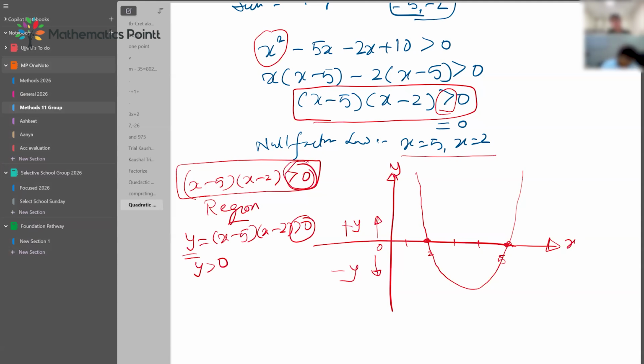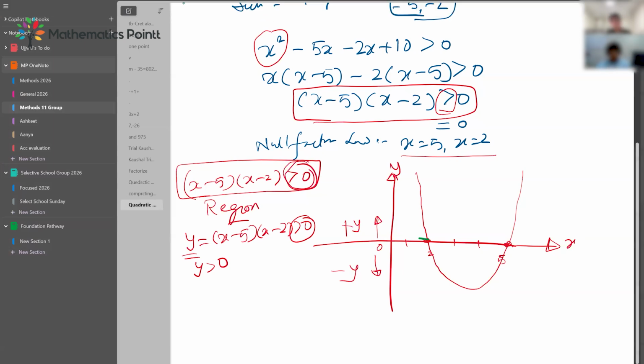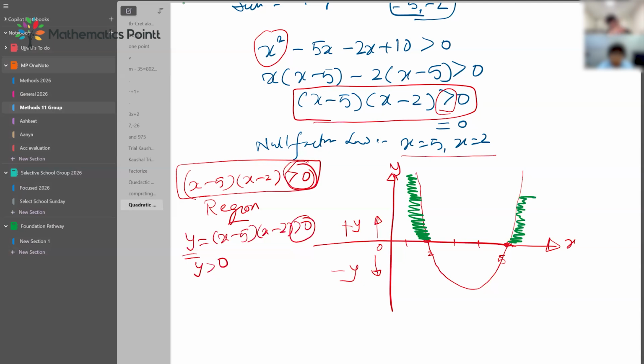Now, where is y positive? And I'll change the color of my pen. y is positive here, and y is positive here. For x values up to 2, y is positive here.